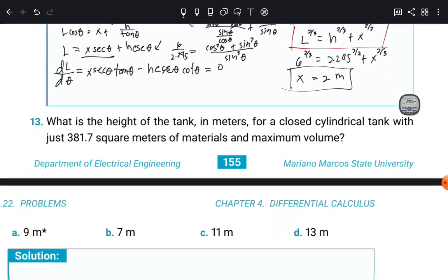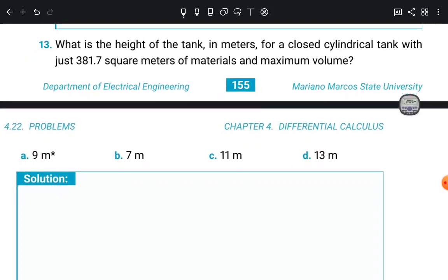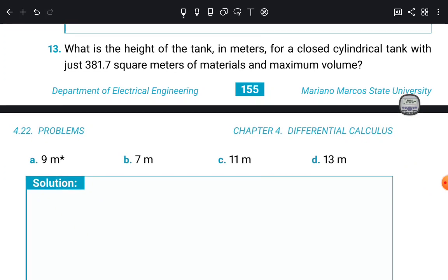Okay, next. What is the height of the tank in meters for a closed cylindrical tank with just 381.7 square meters of materials and maximum volume? So this is maximum volume. Now it's given 381.7 square meters of materials.